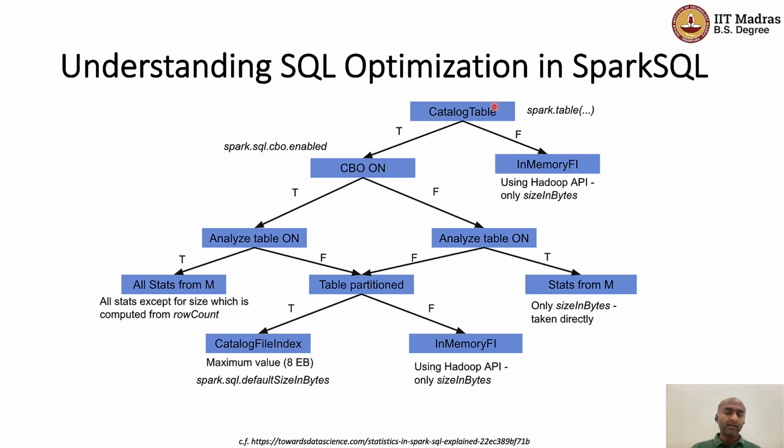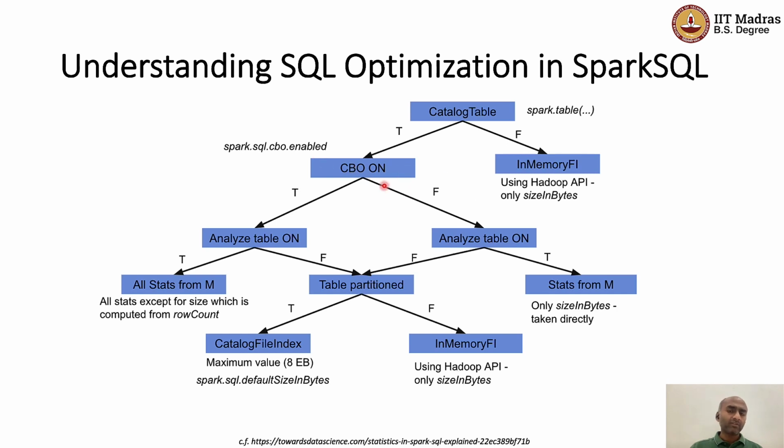But on the other hand, if it's a table that's actually there in the catalog, which means the Hive metastore or the Spark metastore knows about it, so that's true, then it checks whether the cost-based optimizer is enabled. If the CBO is on, then it looks at whether the table has had an analyze statement executed on it.